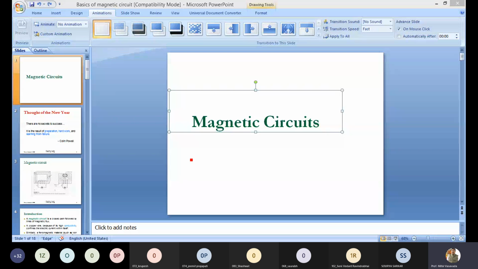In a similar analogy, in a magnetic circuit, the magnetic flux is due to the existence of MMF, magneto-motive force. This MMF is produced by ampere turns, by current flowing through a coil.